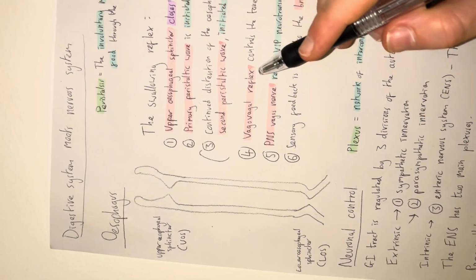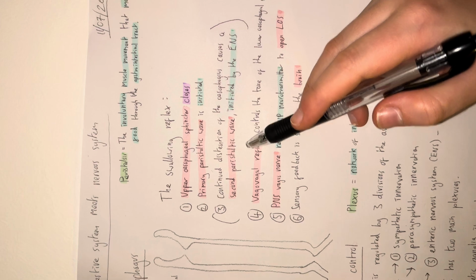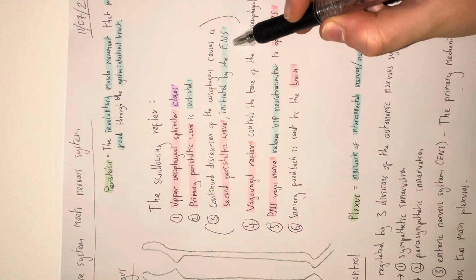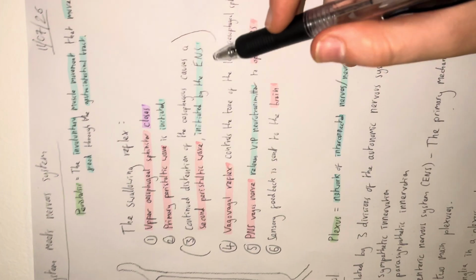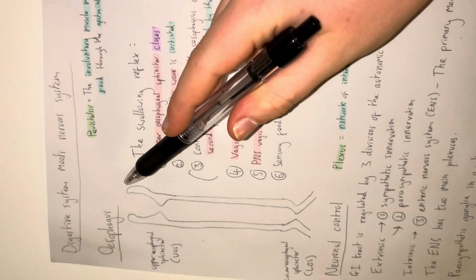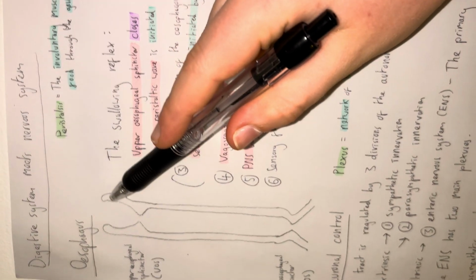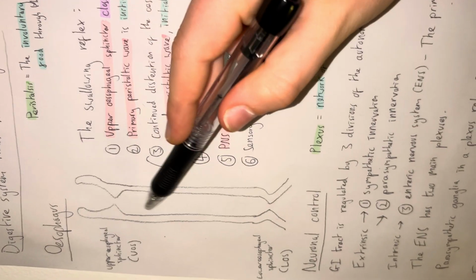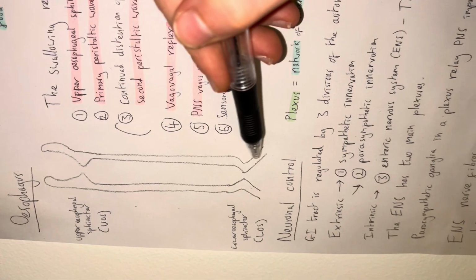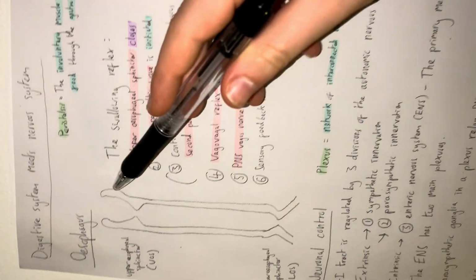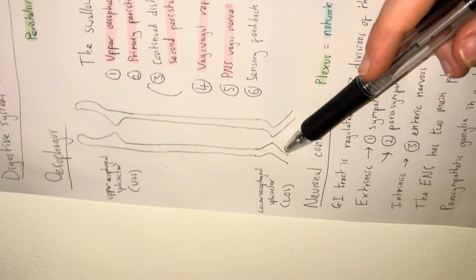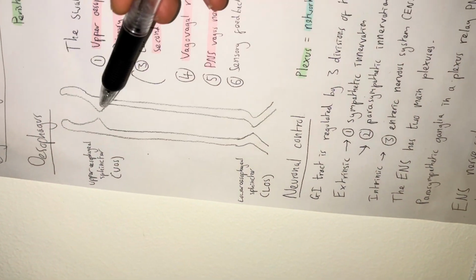So, in case this happens, the enteric nervous system, which is the nervous system controlling the GI tract, initiates a second peristaltic wave. So that's a second wave of contractions occurring down the esophagus, just to try and clear it. Then obviously we've still got the lower sphincter. So we've got all this food moved down to the bottom.